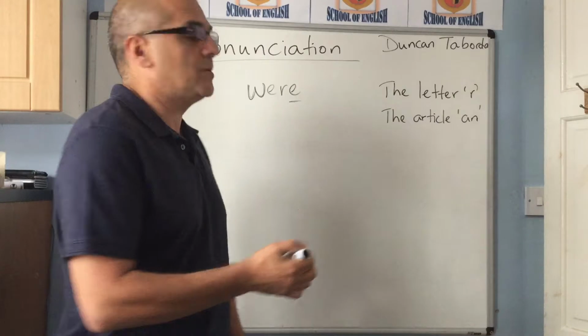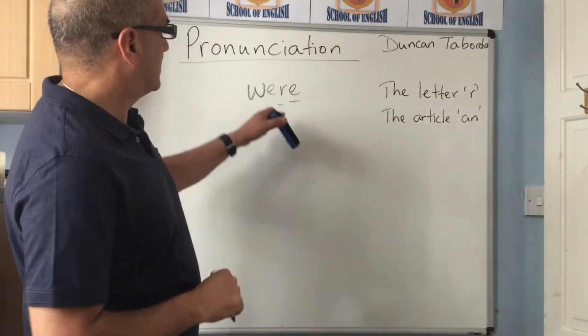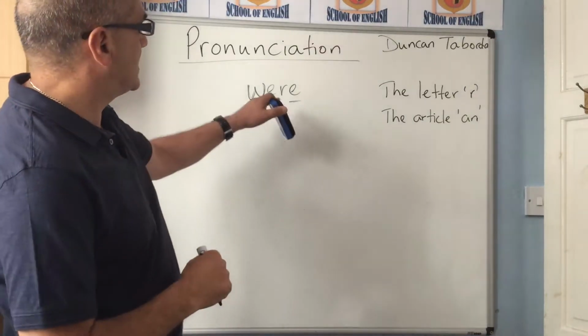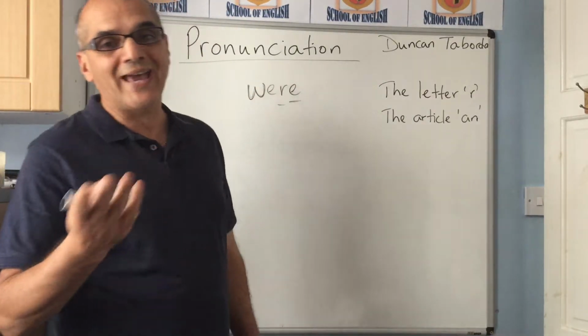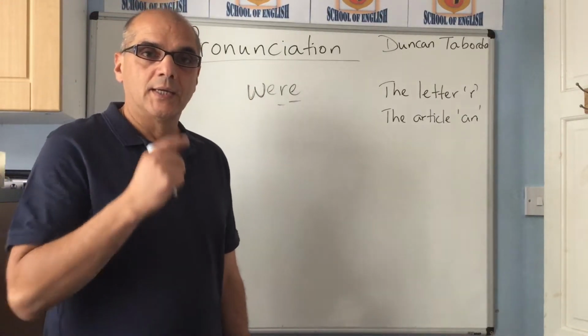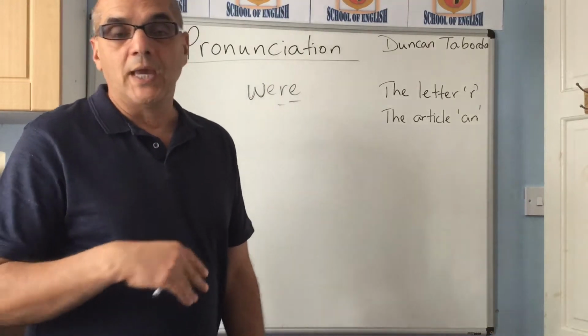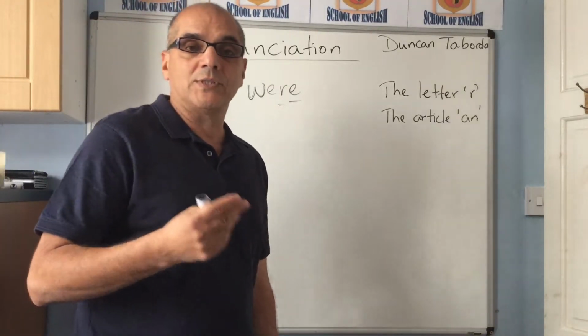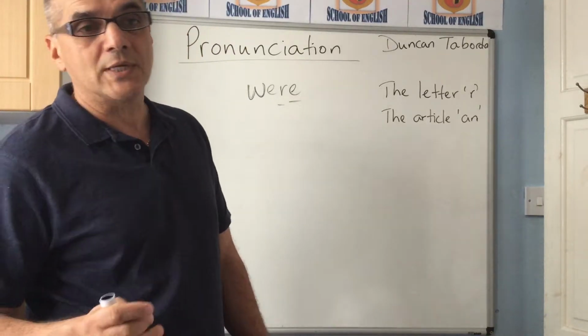So I'm not going to pronounce the R. The actual pronunciation ends here. It just ends as were. Now that's an example for you. Anytime you see R and it's not followed by a vowel sound, don't pronounce it.